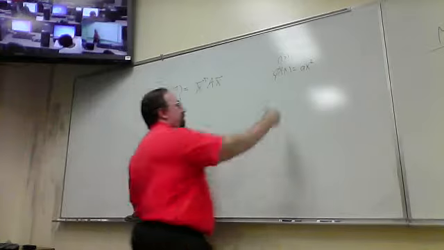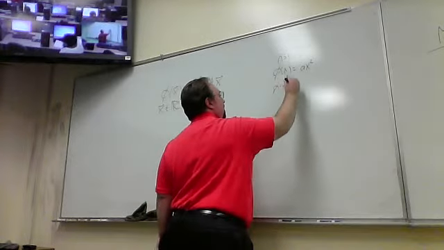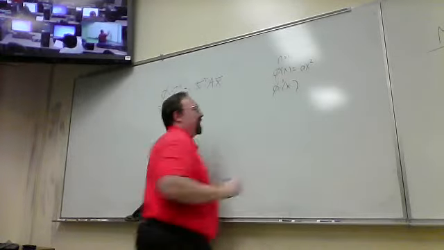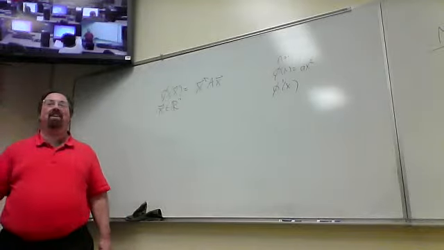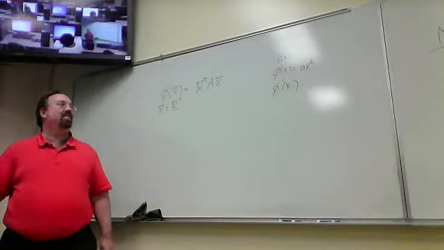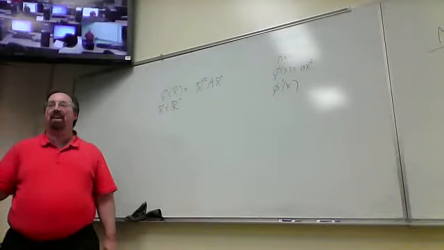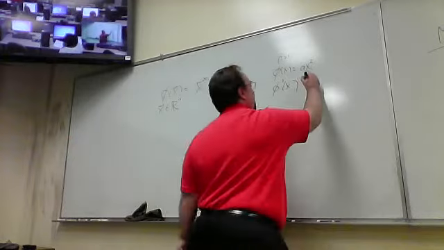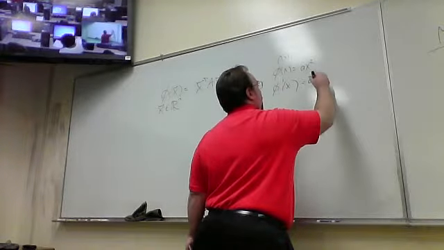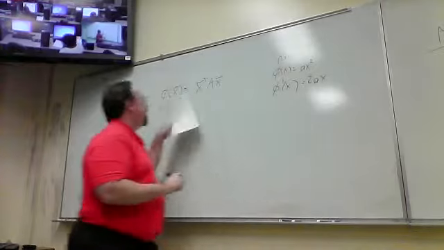Now, of course, you know what the derivative of this is, right? A is a constant. The derivative of that is 2ax. Okay, so I'd be expecting something similar here.